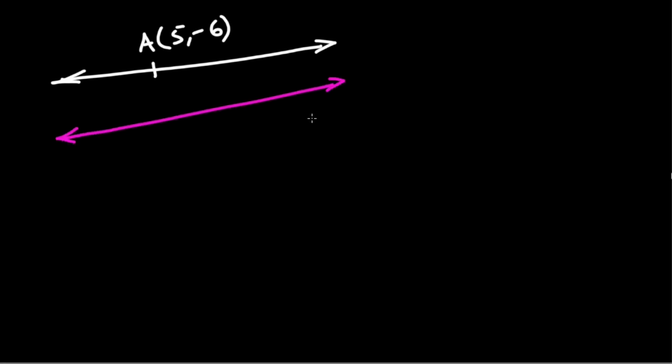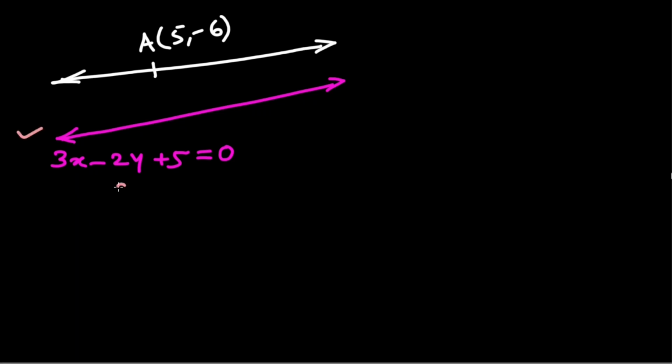We have to find the equation of this line which passes through a point A(5, -6) and which is parallel to another line whose equation is 3x minus 2y plus 5 equals 0. Let us find the slope of this line.